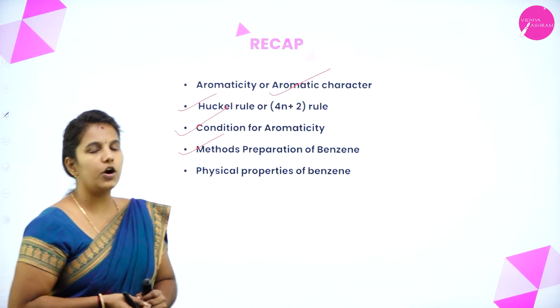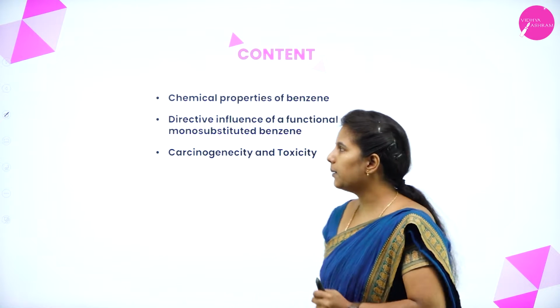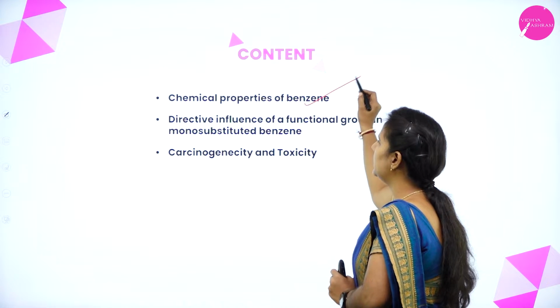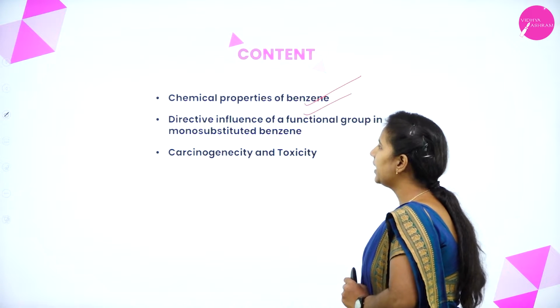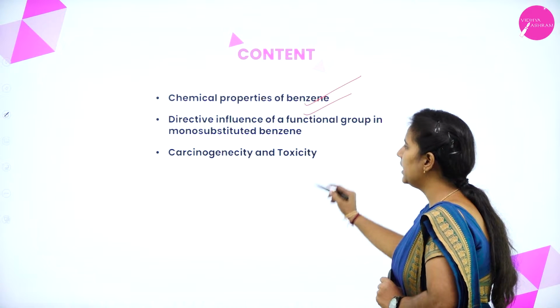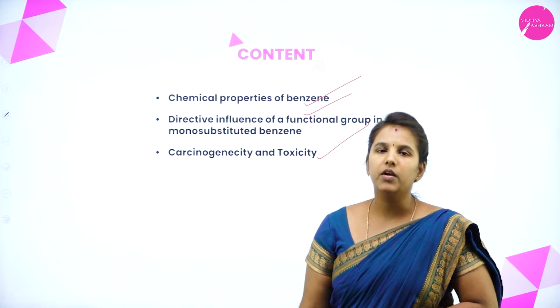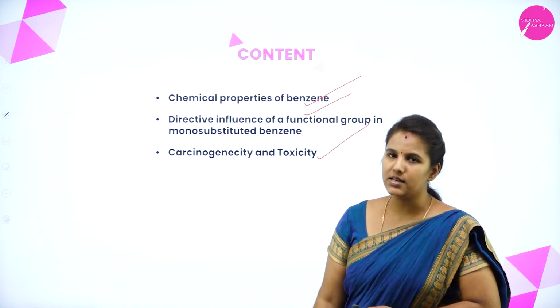Today, let us move on to the last topic of this unit: the chemical properties of benzene, the directive influence of functional group on monosubstituted benzene, and carcinogenicity or toxicity. We are going to understand this in this session.